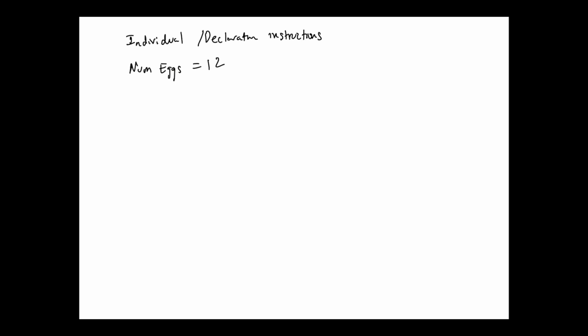All right, so what does this do? If I type this in a computer language, it's going to set a variable whose name is num eggs to have the value 12. This is how I might write that in Python. Would help if I could spell.